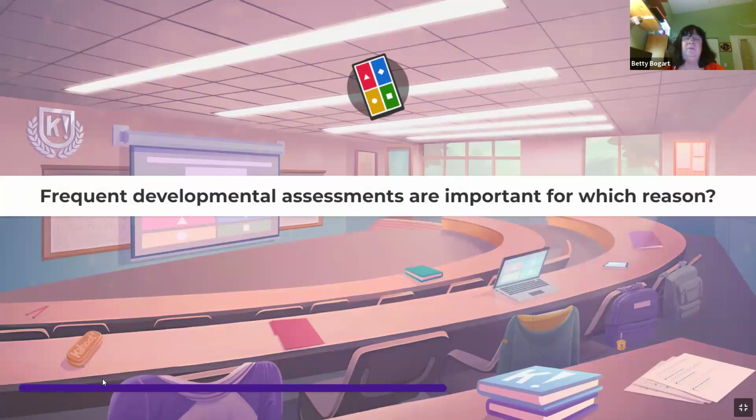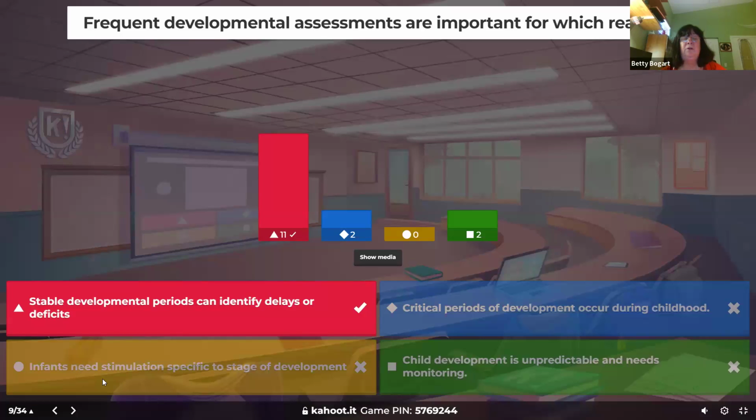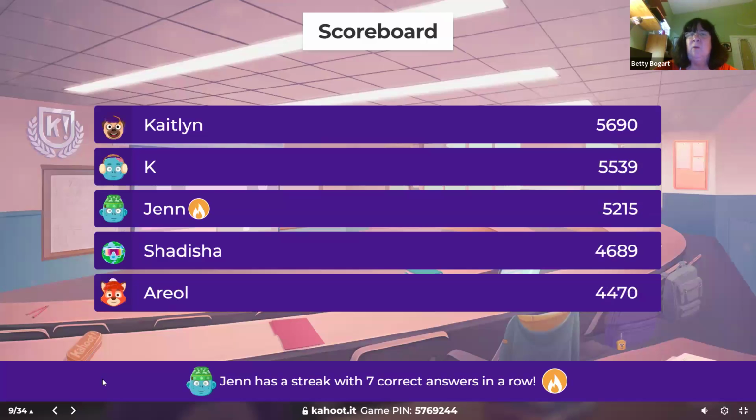Frequent developmental assessments are important for what reason? So stable developmental periods can identify delays or deficits. When you're seeing something where they shouldn't be, you can get early intervention and get these kids caught up. So we're always figuring out, are the kids where they should be?